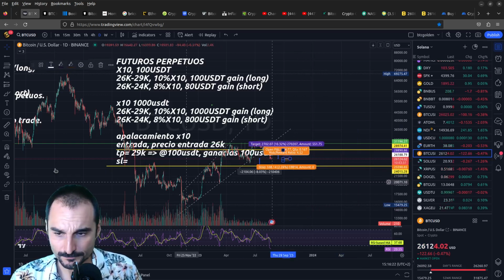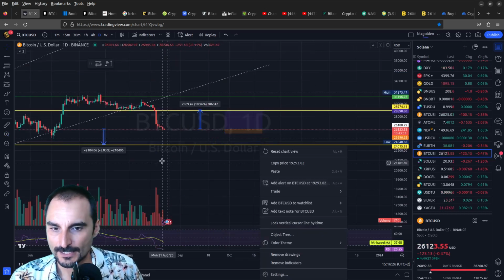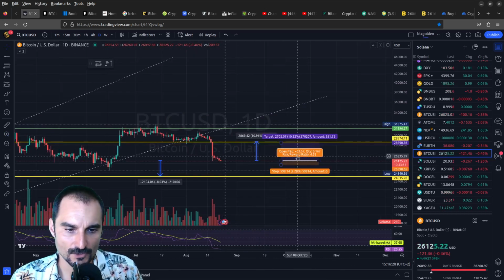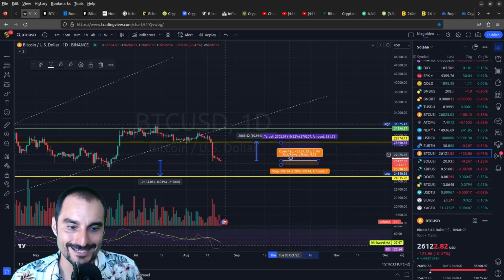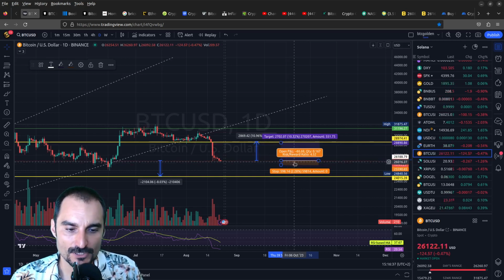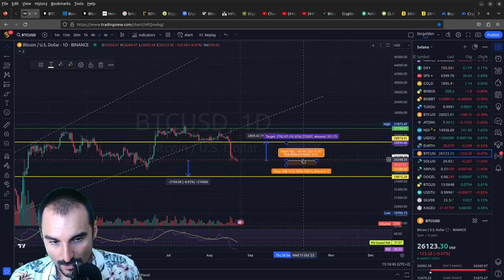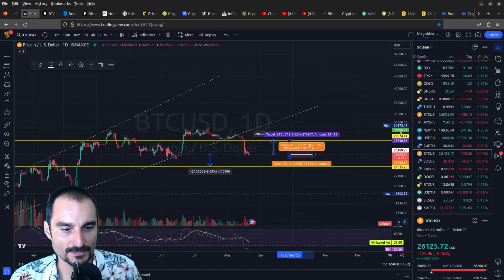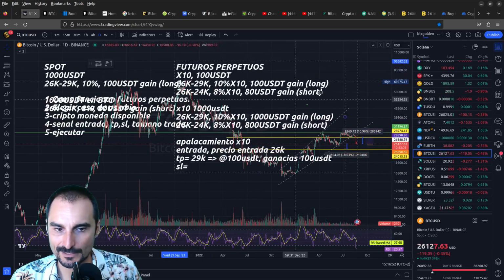In this case, what I put is about 10%, which would be taking profit at 29,000, and the stop loss I have decided to put at 28. But let's imagine that it is 2%, which would be approximately 25,500. Those 25,500 would be where the losses would stop us.